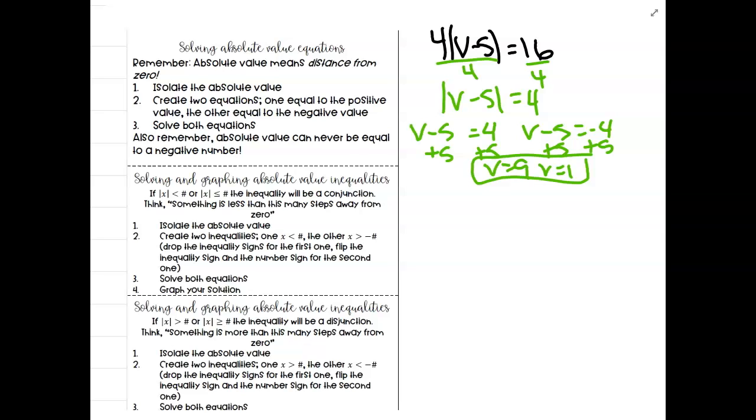For the absolute value inequalities, I know we have 4 inequalities: greater than, less than, greater than or equal to, less than or equal to, but we're just going to focus on the greater than and the less than part of it. If it's equal to, it means it's included.